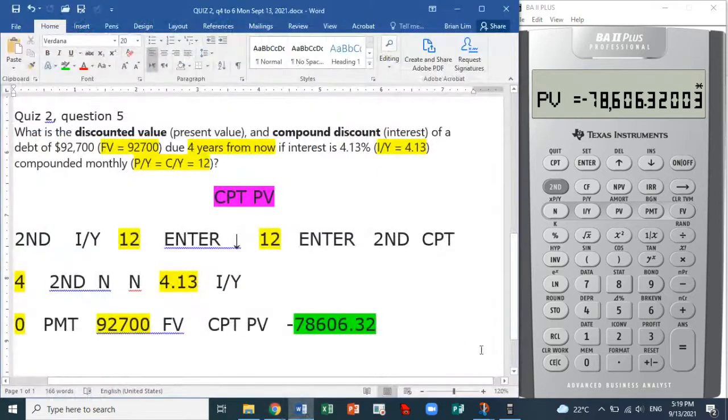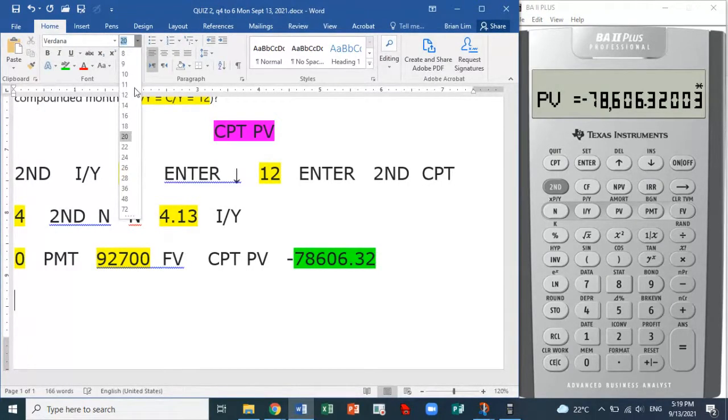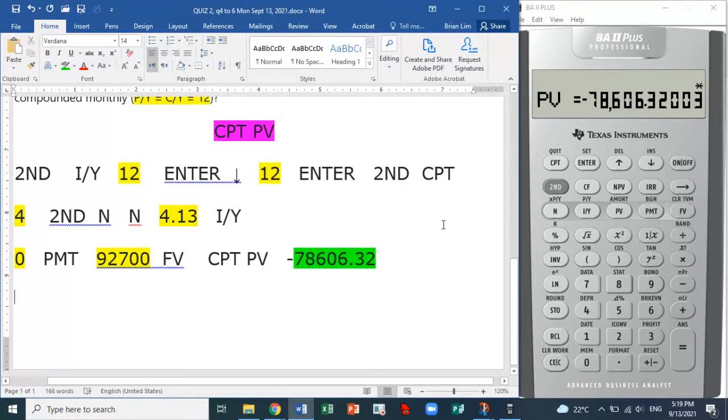All right, so let's go and do that. So what's the compound discount equal to? So let's maybe change this font to 14. So the compound discount is equal to what?